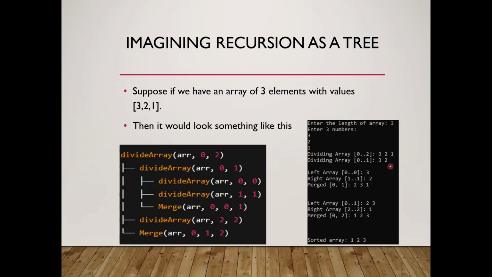When we have come inside this, since 0 is still less than 1, the function will call itself and divide the arrays again. And in the new array, it will be from 0 to 0 and 1 to 1, the left array and the right array. In the left there will be 3, and in the right there will be 2. And we will merge them back into our original array.